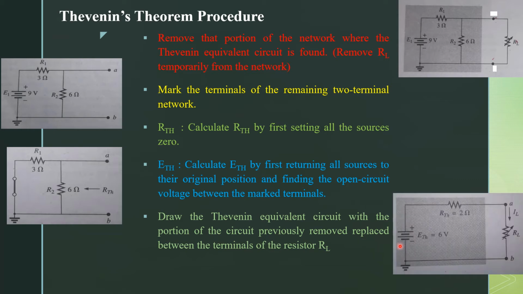So here we place the Thevenin voltage and a Thevenin resistance. So this is basically the equivalent Thevenin circuit for this shaded region. RL is placed in its original position.